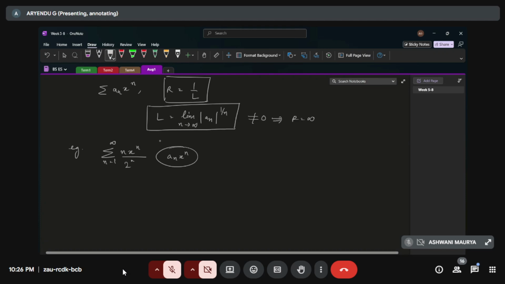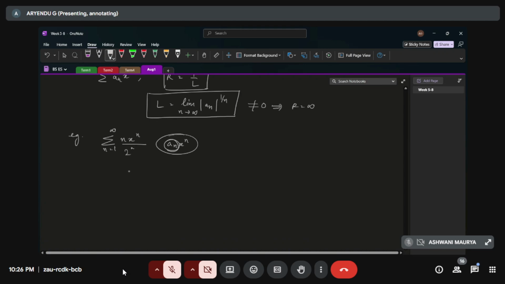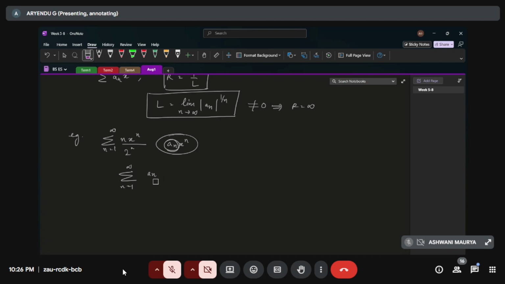For the root test, we require the a n part only. So we take sigma n equal to 1 to infinity, a raised to n, whole to the power of 1 by n.